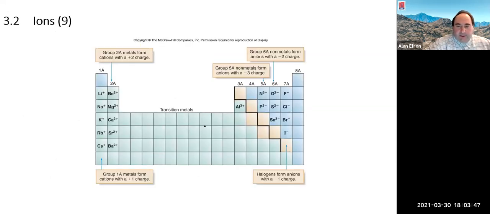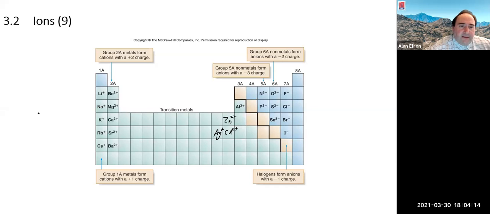Again, here's that little chart that we just went over of our common, or fixed, charges. You can add zinc and cadmium in here, and silver as well. As soon as you see any of these as the metal part, which is the important part, in that compound, it is type 1, and we've got that fixed charge happening.